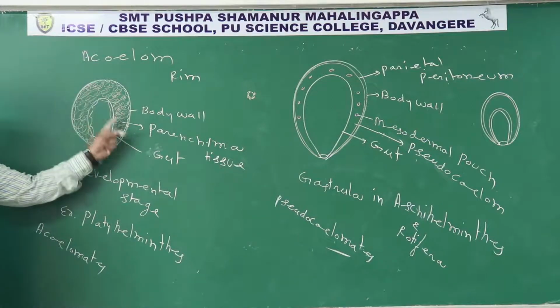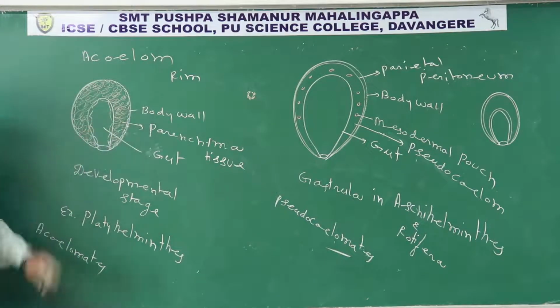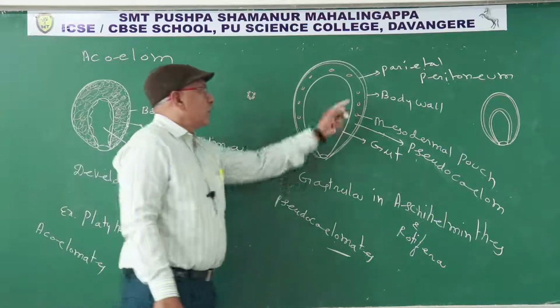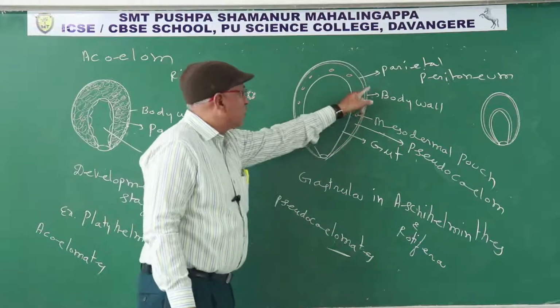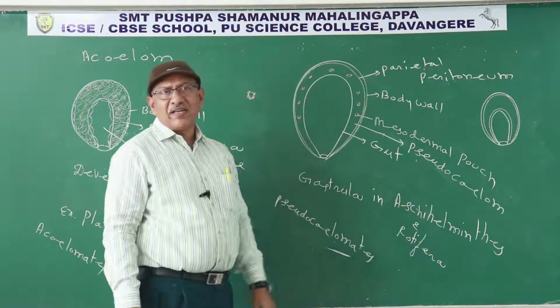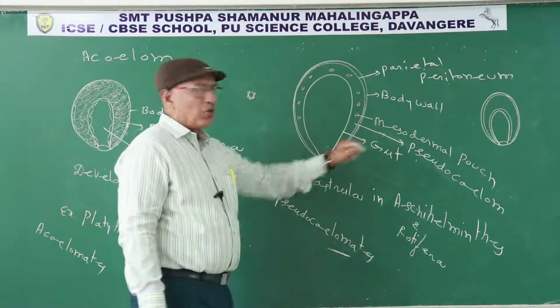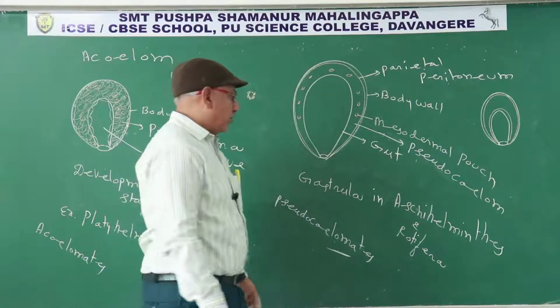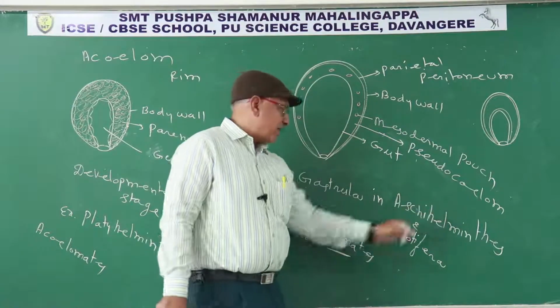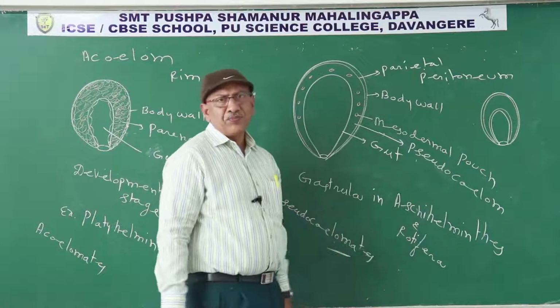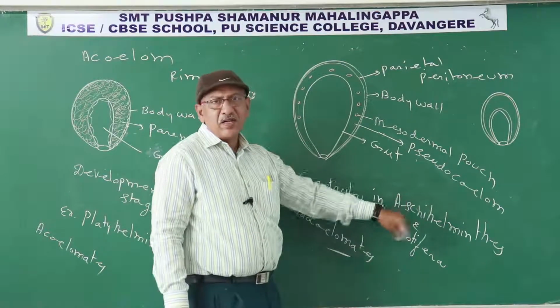Due to the presence of parenchyma tissue between body wall and alimentary canal, the body cavity is absent, known as acoelom. A body cavity present between body wall and alimentary canal that is not lined by mesodermal layer is known as pseudocoelom. Pseudocoelom is seen in Aschelminthes and Rotifera.